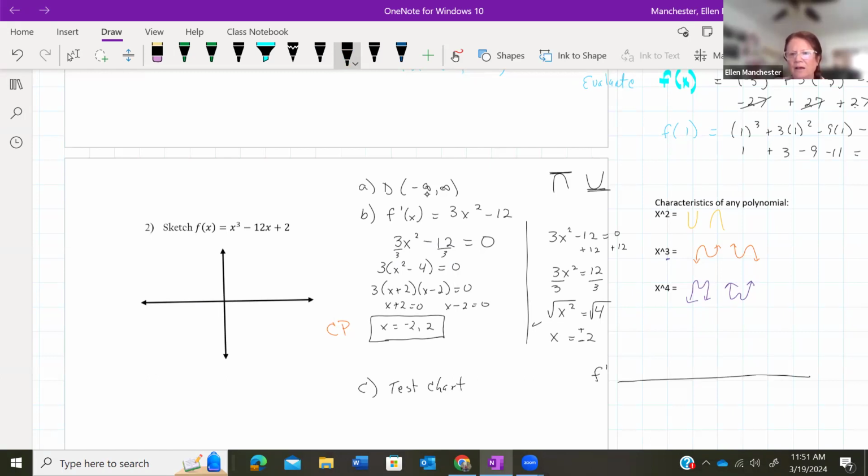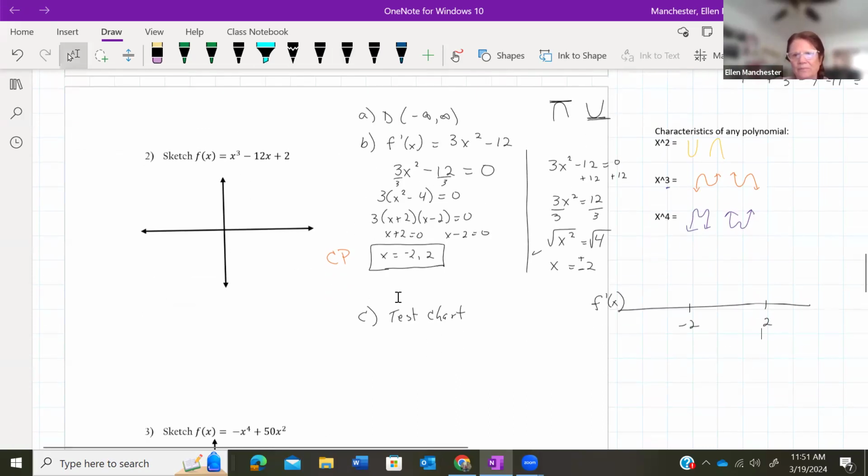And again, I label it because when I get to the next section, we're going to do the second derivative and their graphs. It's the same process, but we have to know which one's the derivative and which one's the second derivative.